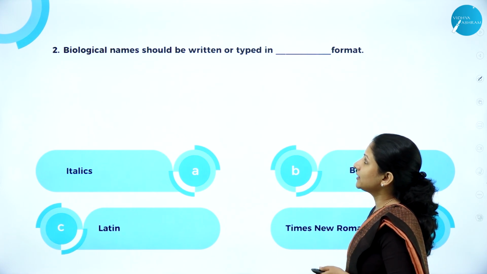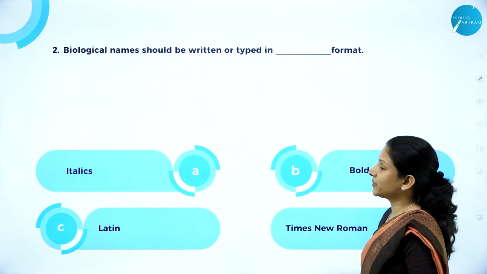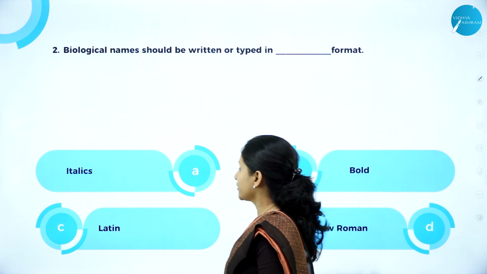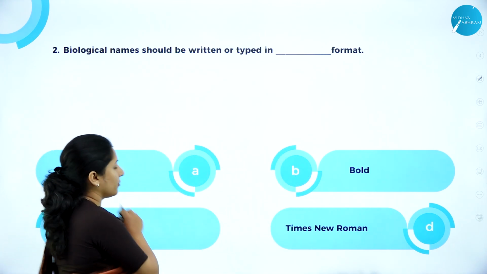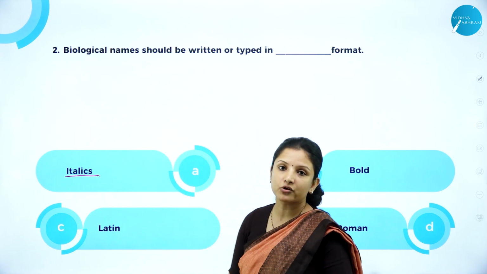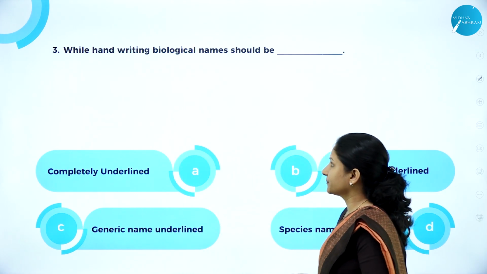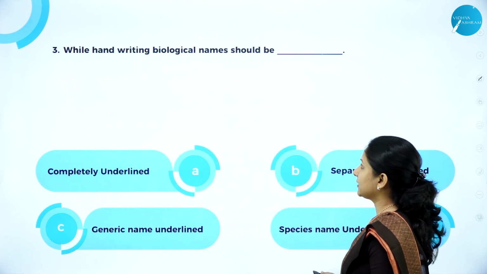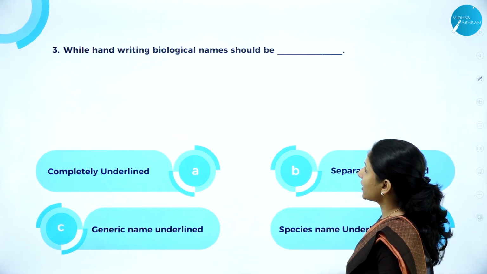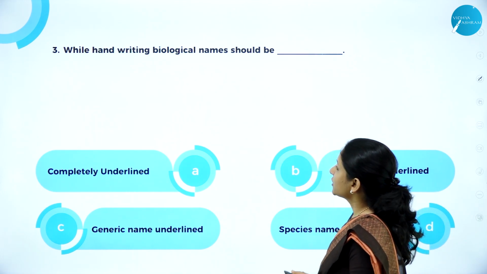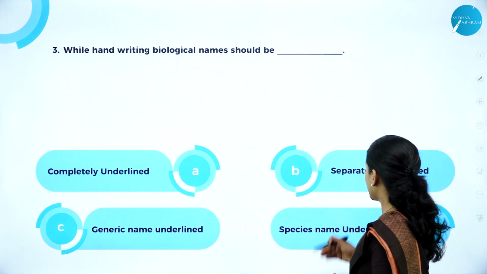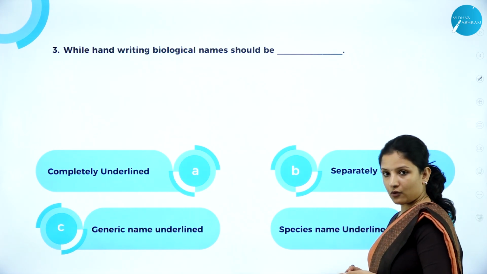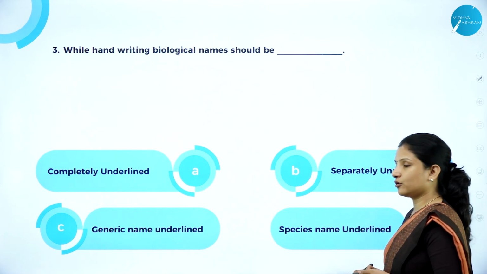Next, biological names should be written or typed in dash format. So it should be written or typed in italics format. So a biological name should always be in italics. The font should be in italics. While handwriting biological names, should it be completely underlined, separately underlined, generic name only underlined or species name only underlined?